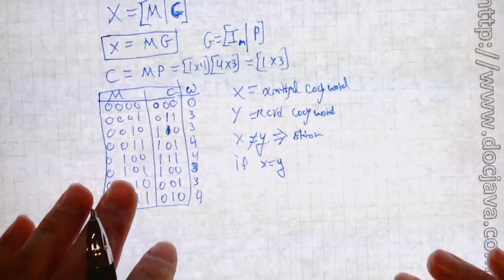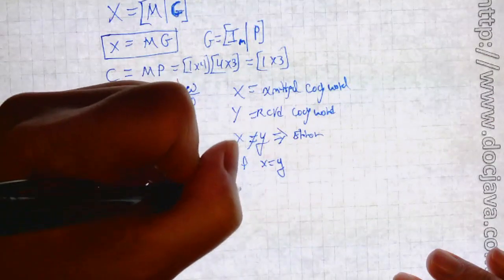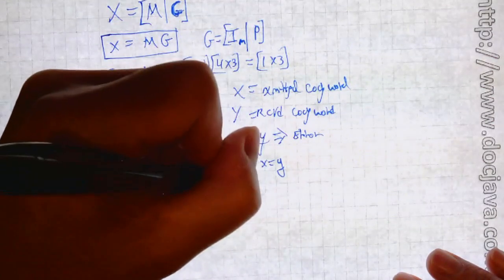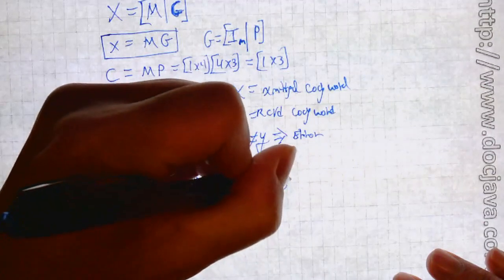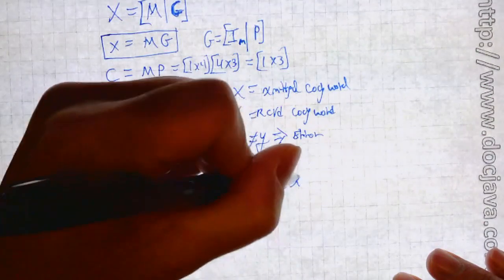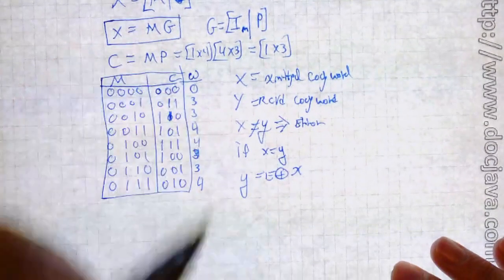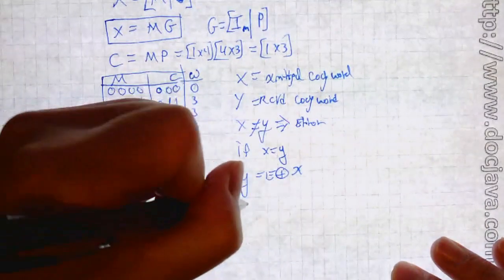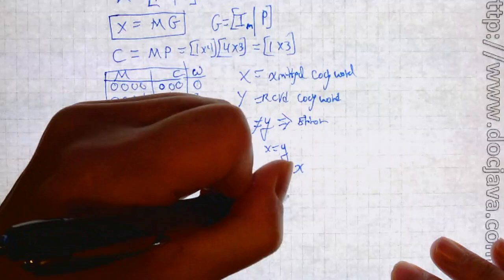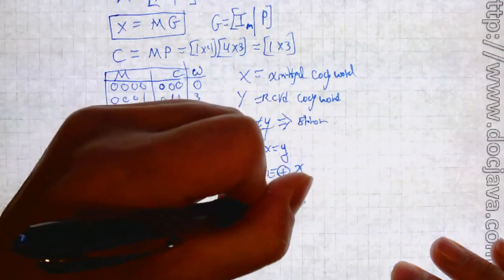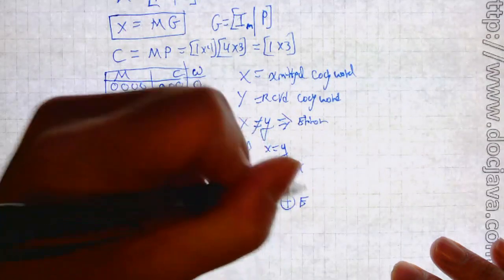And so what we want to do is make it so that Y is equal to the error exclusive OR, this is a bitwise exclusive OR, with X. And so X must be equal to Y with a bitwise exclusive OR with the error.